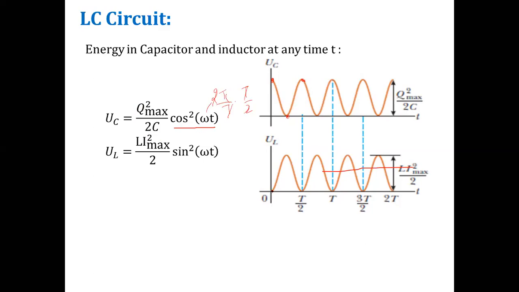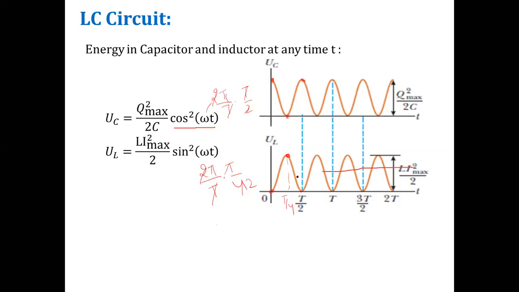Similarly, if you talk about the inductor, at time t is equal to 0, there was no current flowing in the circuit, and hence your energy stored in the inductor is 0. At time t is equal to T by 4, put the value of omega here, this will cancel. You have sine pi by 2. That is the maximum value of sine, 1. You will have 1 by 2 L I max square, and hence your energy is equal to this term. And at T by 2, your energy would be minimum.